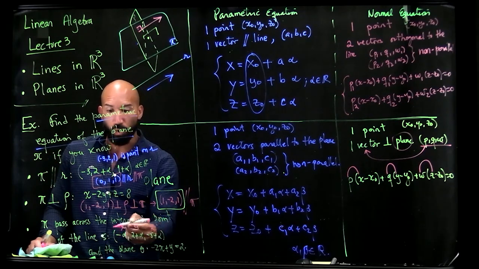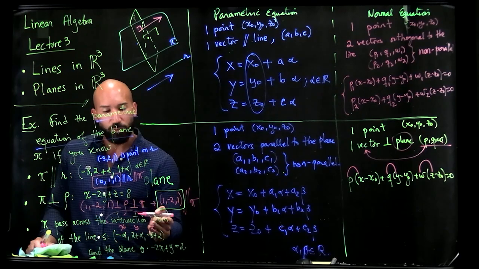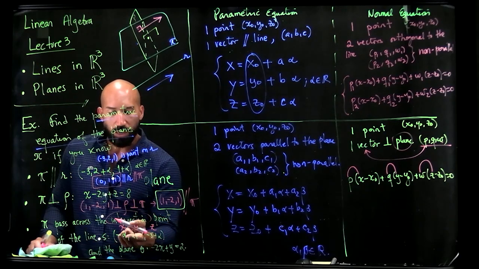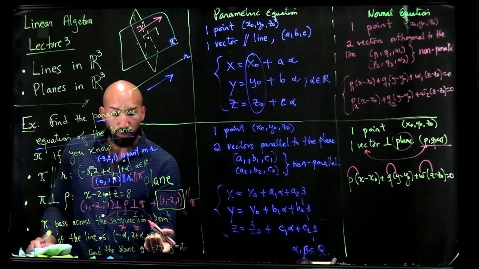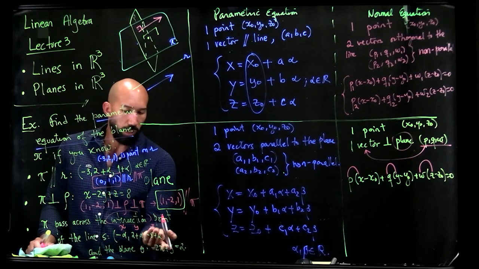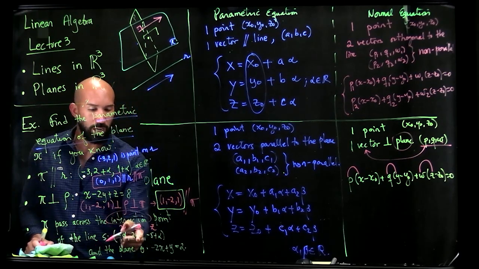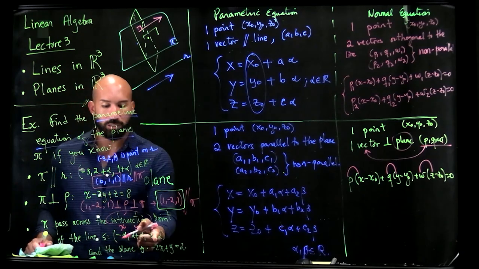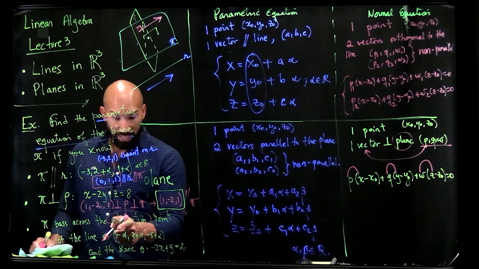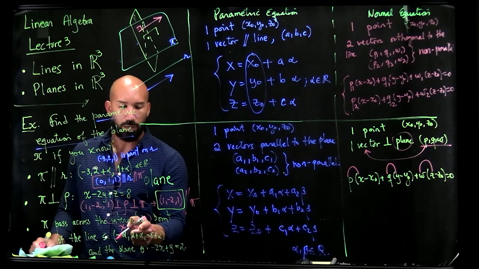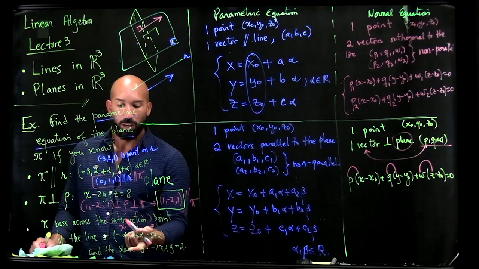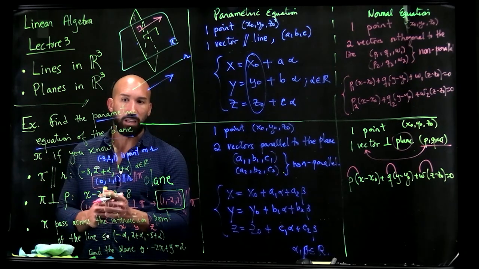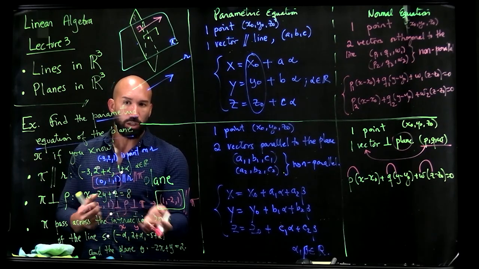If a point is in both, because it's an intersection point, its coordinates are generated by these formulas and at the same time satisfy this equation. If x, y, and z need to be these to be on the line, then the same x, y, and z need to satisfy this equation to be on the plane.